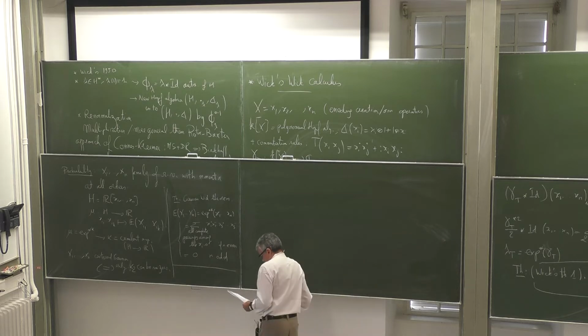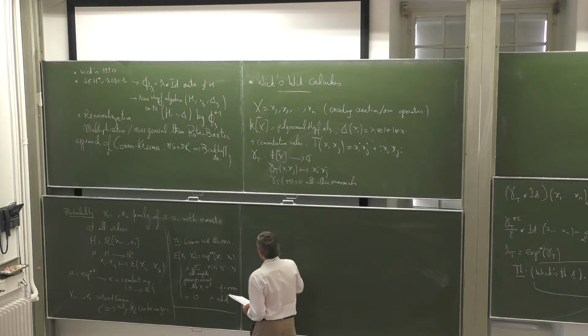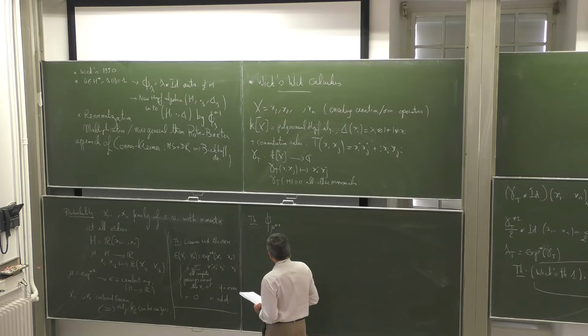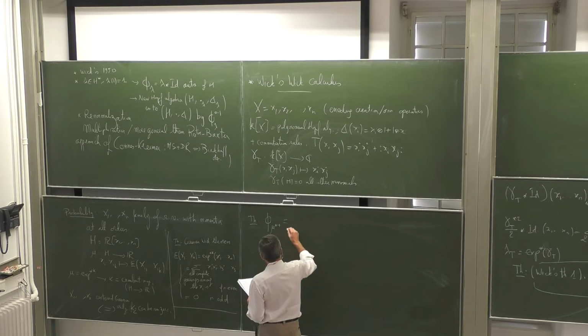Then the second thing I want to state, and then I will stop with random variables, is that if we consider now the convolution inverse of mu, of the moment map, and call this W, so this is by definition, I consider the convolution inverse of mu.